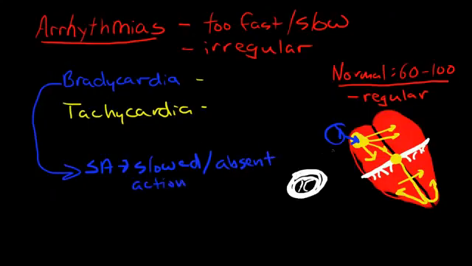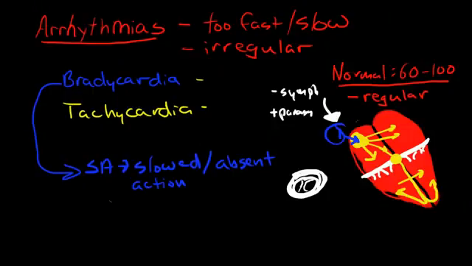Now, why is it slowed? Well, most frequently the reason why it is slowed is because it's getting less sympathetic nervous system impulses, or it's getting more parasympathetic, and those actions will slow the SA node.